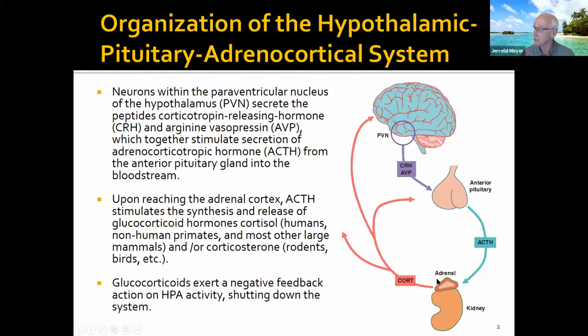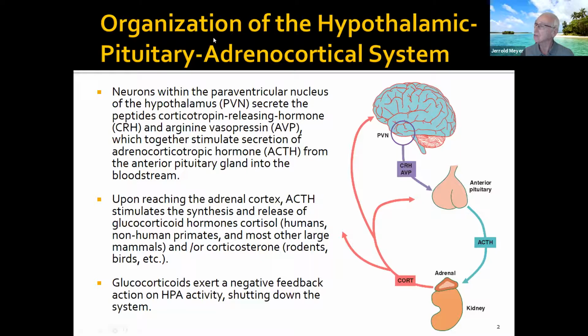When it reaches the adrenal glands on top of the kidneys, the ACTH provokes the synthesis and release of glucocorticoid hormones, of which the one we'll be talking about mostly is cortisol, the main glucocorticoid in humans, non-human primates and most other large animals, or corticosterone, the main glucocorticoid in rodents, birds, etc.